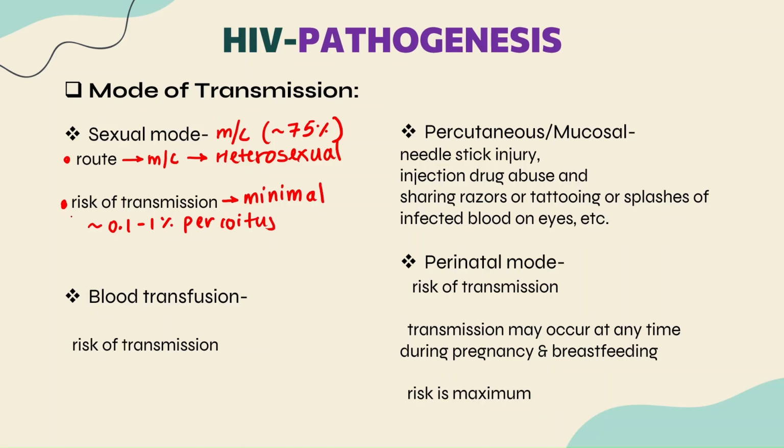Also, one thing you have to remember is that the risk of transmission is a bit higher in anal intercourse as compared to vaginal intercourse, guys. This was about the sexual mode.